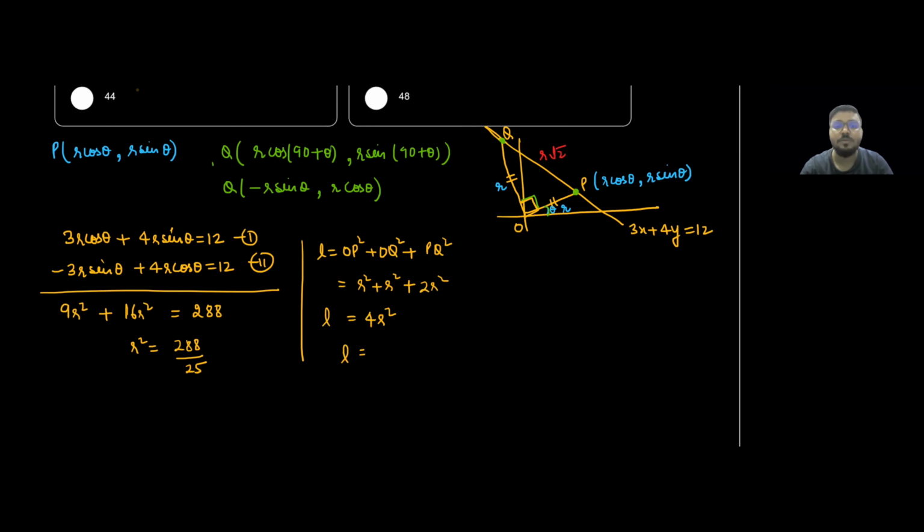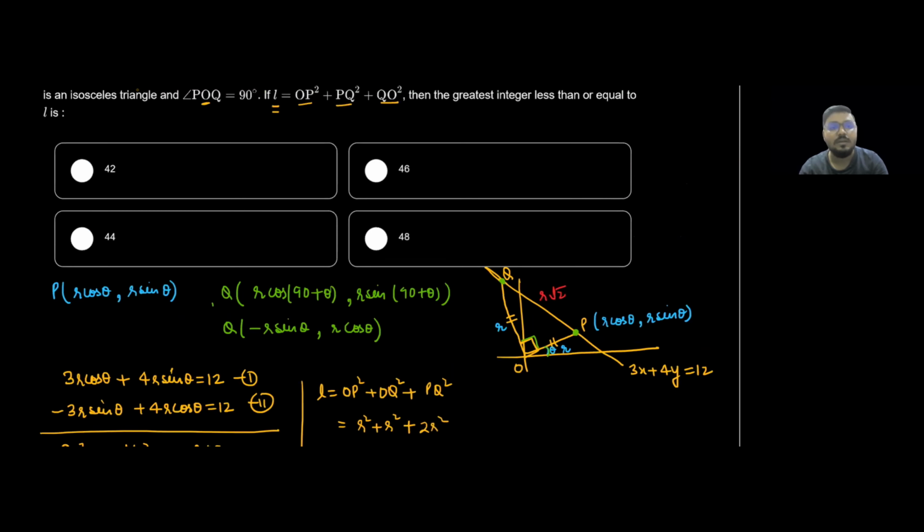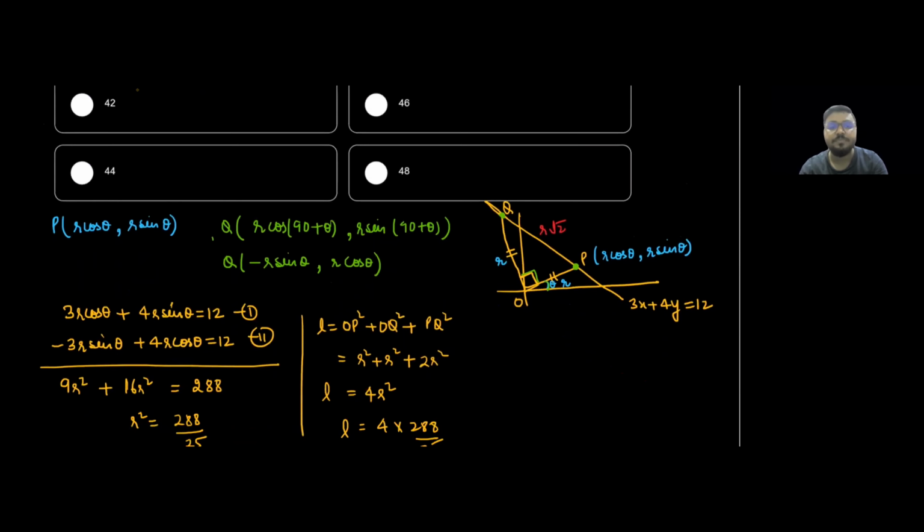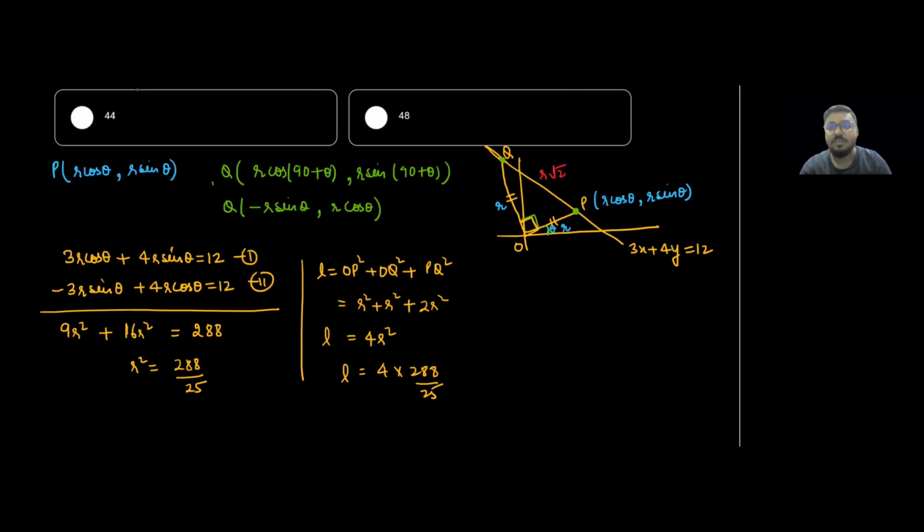Now put the value of R square here, which is 288 divided by 25. Now they are asking for the greatest integer of L. Okay, we have to first simplify this and then take the greatest integer. So 25 ones are 25, 13, 130. That will be 5 times 125 and 2 times 50.